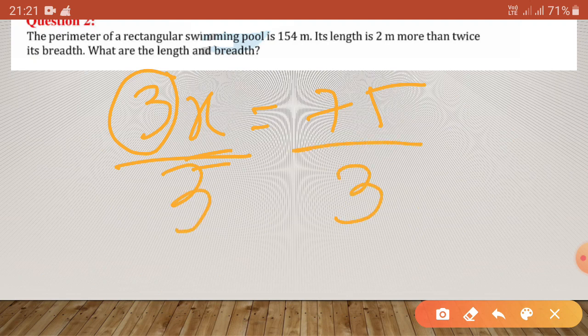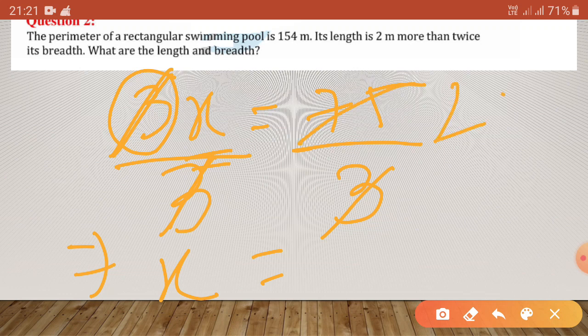If we divide both sides by 3, on the left side it will give us x, because 3 omits 3, and then on the right side it gives us 25, because 3 into 25 gives us 75. So ultimately we got x equal to 25.